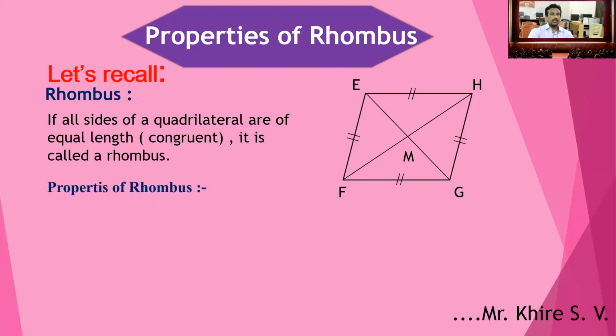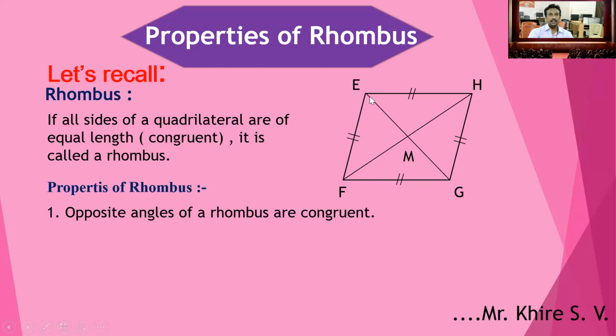Now we will see properties of rhombus. First property: opposite angles of a rhombus are congruent.